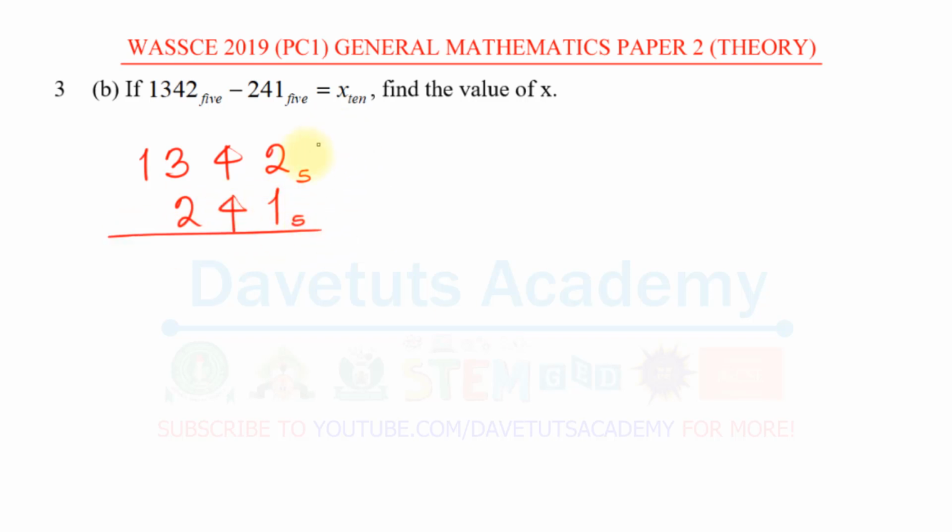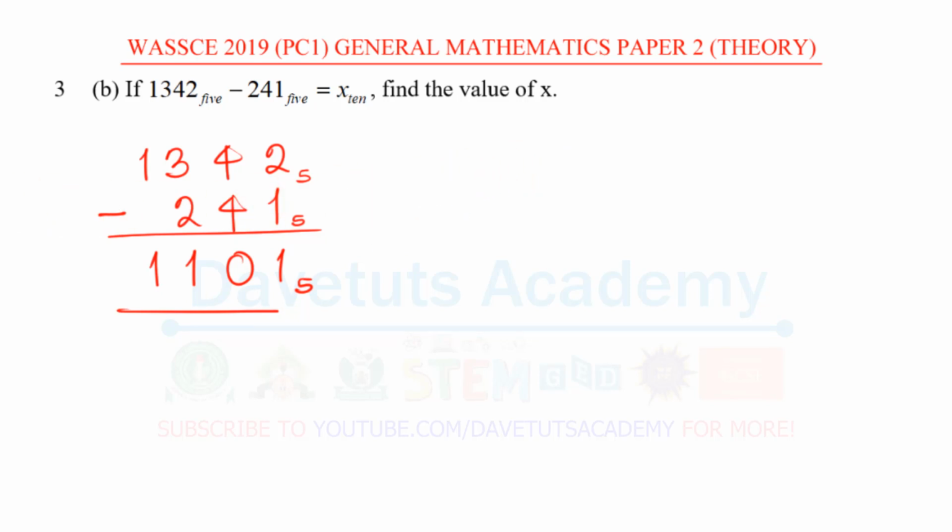This is made easy because we don't have any digit on top that is less than the one below, so we don't need to borrow. We just say 2 minus 1 is 1, 4 minus 4 is 0, 3 minus 2 is 1, and we bring down the 1. The subtraction of these two values gives us 1101 in base 5.